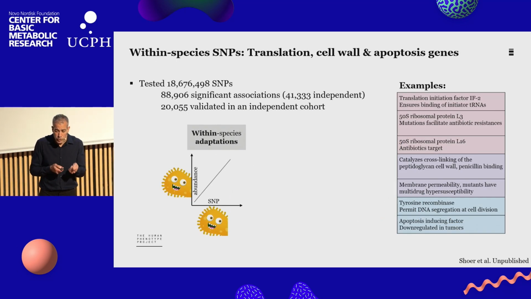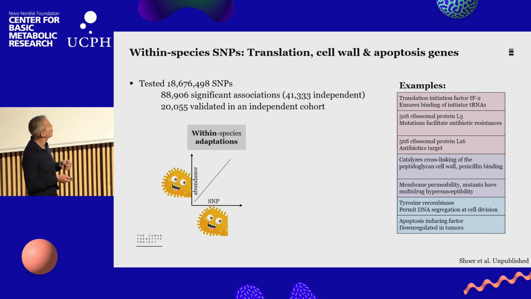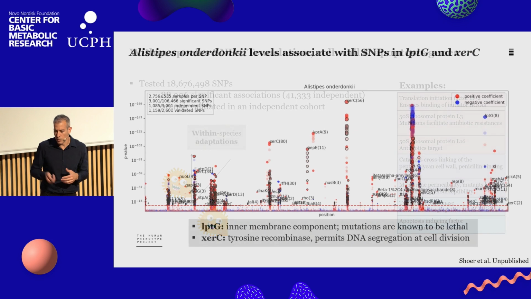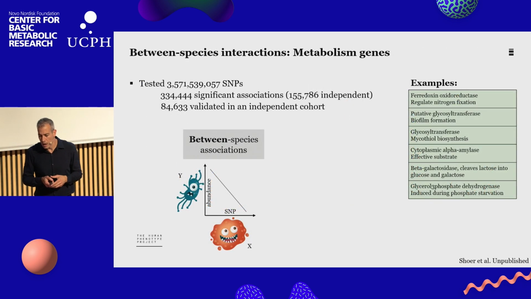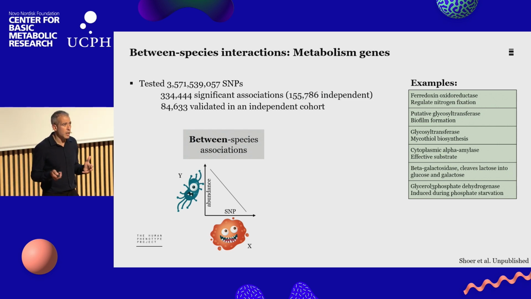And also the actual genes are very different. Genes in the same bacteria that are associated are mainly housekeeping genes having to do with growth, whereas genes involved in the association with other bacteria are mainly related to metabolism genes.